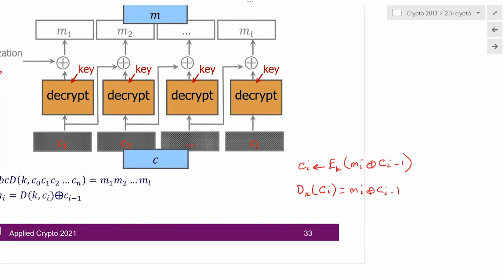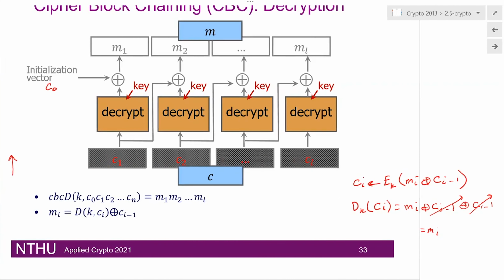And then we XOR it again with the previous block, which is Ci minus 1, right? According to the XOR definition, these two parts would get canceled, and the result would just become Mi. That's why we are taking the previous block and XORing it with the result of the decryption.